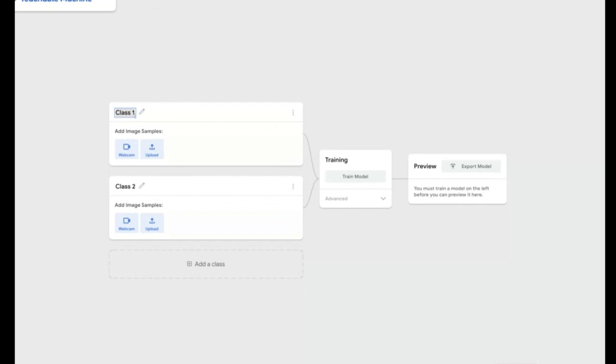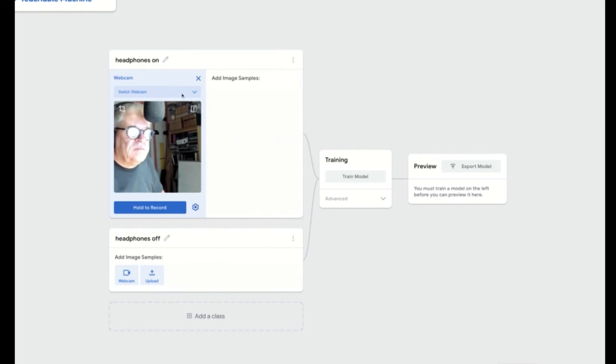And I'm going to call class 1 headphones on. And class 2 will be headphones off. And I'm going to say that I want to use the webcam. And I'm going to use this webcam.